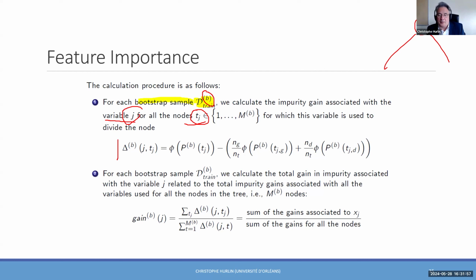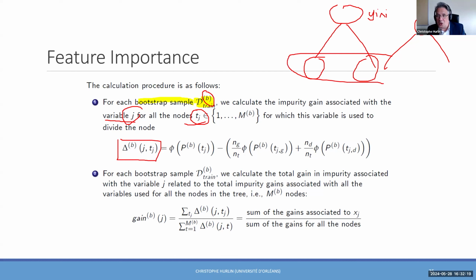Remember the formula. This is the impurity gain when I use the age variable and the threshold t_j, and I compute the Gini index on the parent node and the weighted Gini index on the child nodes. So here I have the Gini index in the parent node, and here the weighted Gini index in the child nodes.